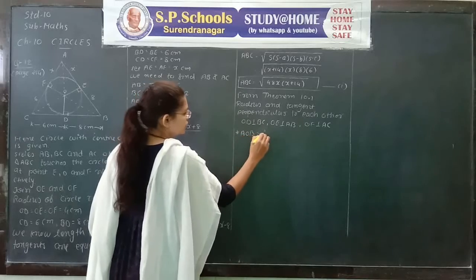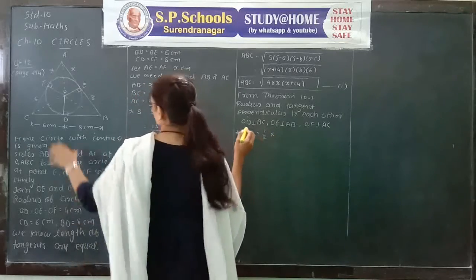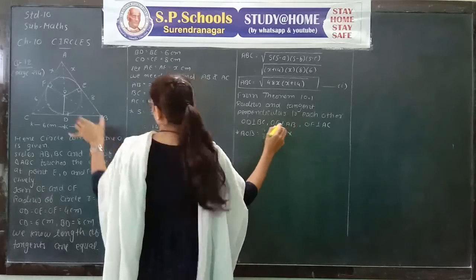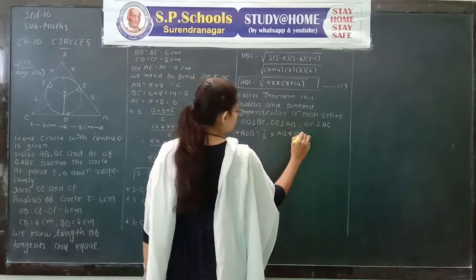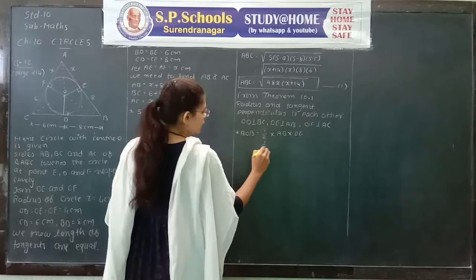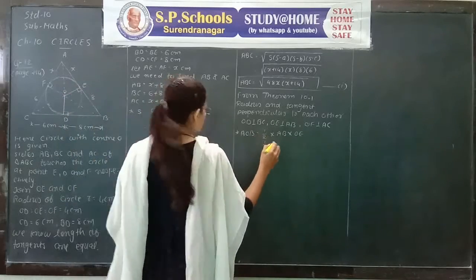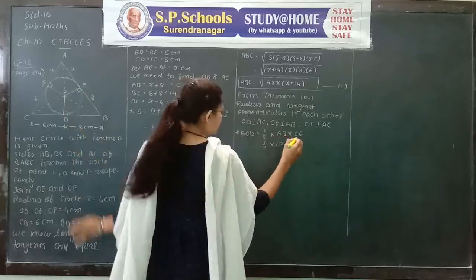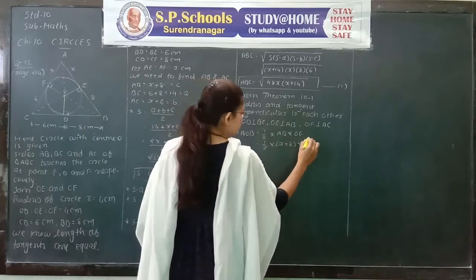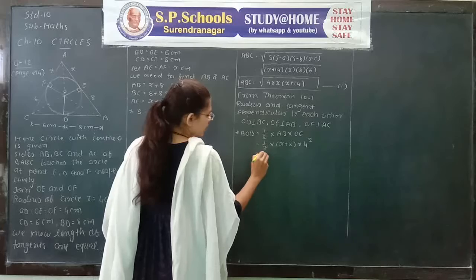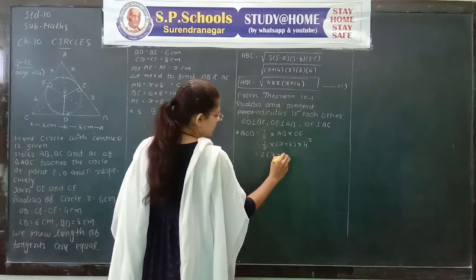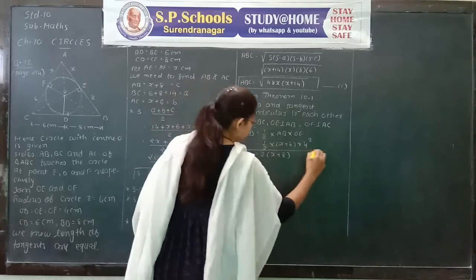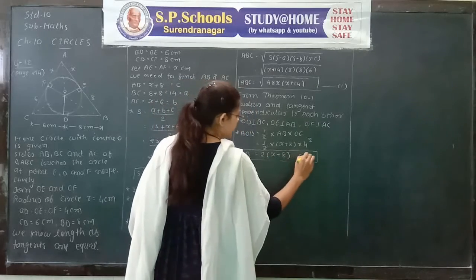Area of AOB is equal to 1/2 into base AB into height OE. 1/2 into base AB, which is x plus 8, and height, meaning the radius, is 4. 2 2s are 4. Remaining 2 into bracket x plus 8 is the area of AOB, in centimeter square.